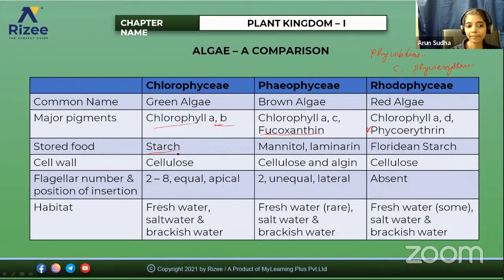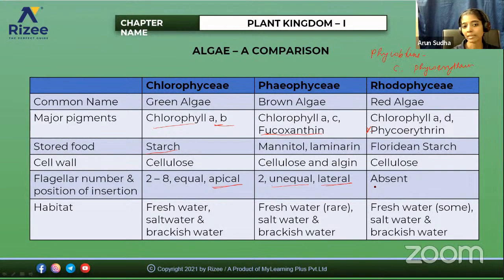They also differ in flagellar number and position of insertion. Green algae have 2 to 8 equal, apical flagella, that is on the top. Brown algae have 2 unequal, lateral flagella, so the attachment is in the lateral position.